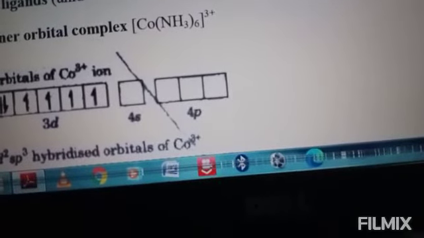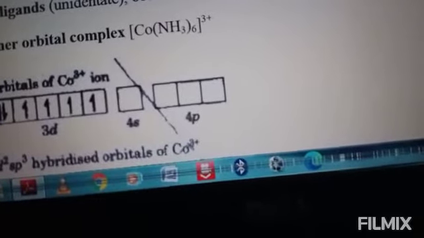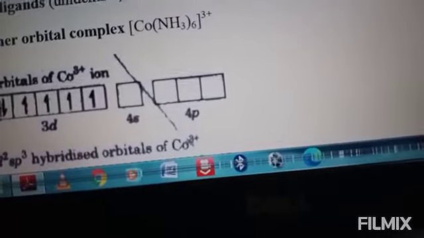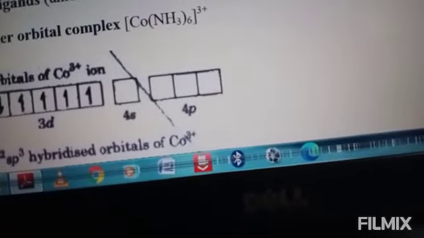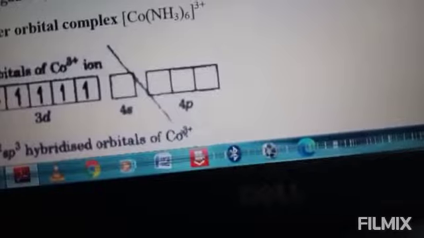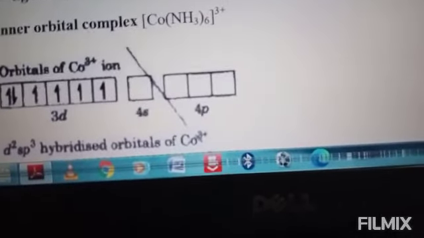Along with these 2, 4s is there, and then 4p is there. 4p has 3 orbitals, 4s has 1 orbital, and 3d has 2 empty orbitals, isn't it? So altogether we have 6 orbitals, and these 6 orbitals will be used for chemical bonding.